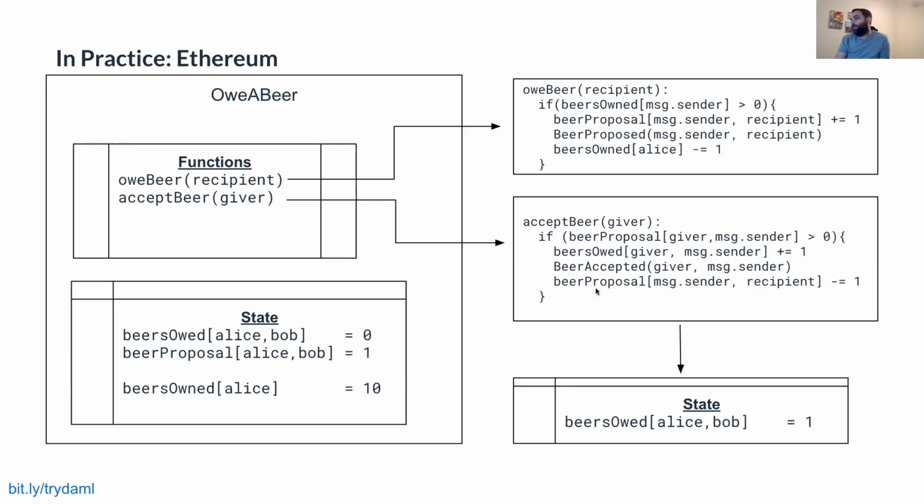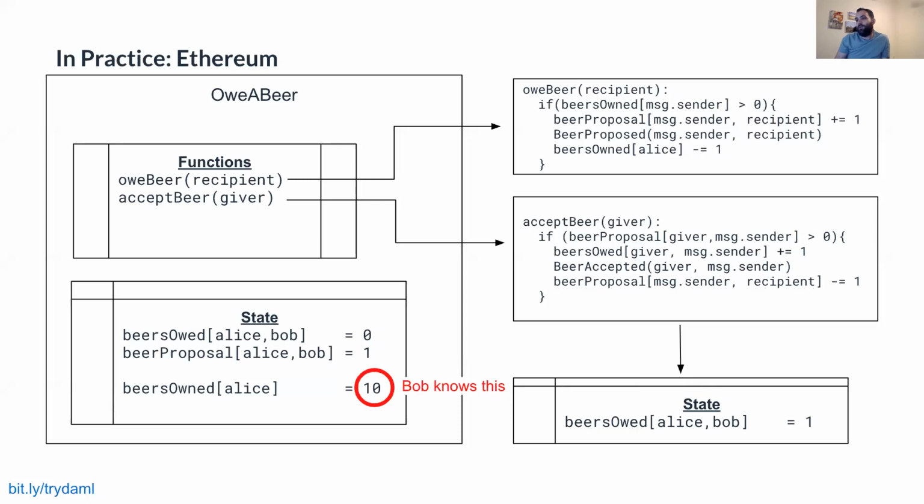And then we're going to have the beer proposal where we're going to deduct 1 from the beer proposal, such that the state over here on the left, where you have 1 under beer proposal of Alice to Bob, will go back to 0. And then that will make sure that when we're owing new beers, it doesn't end up owing more beers than is intended from the person sending them.